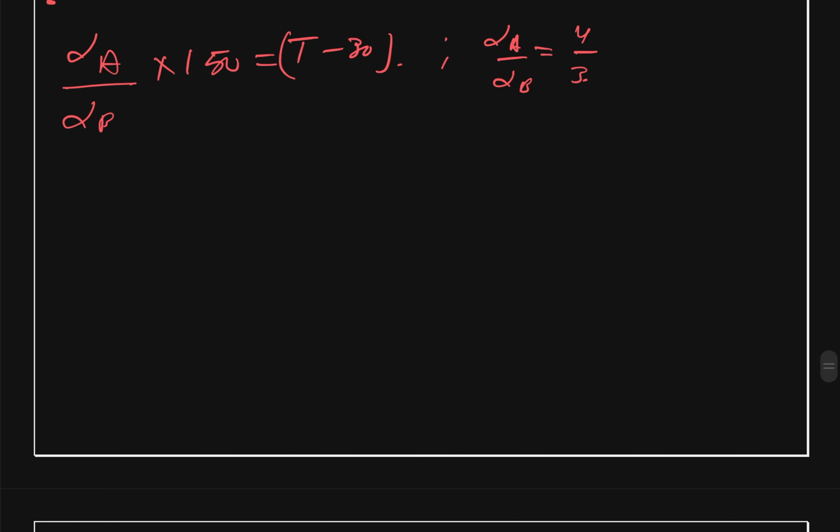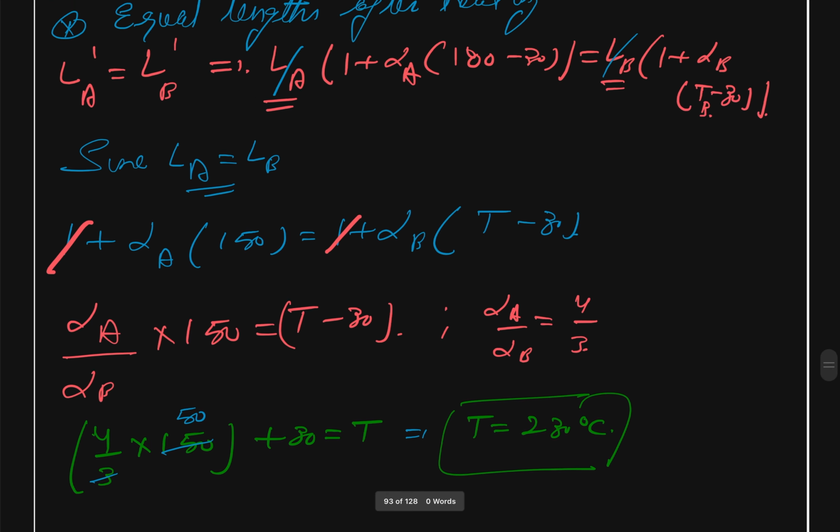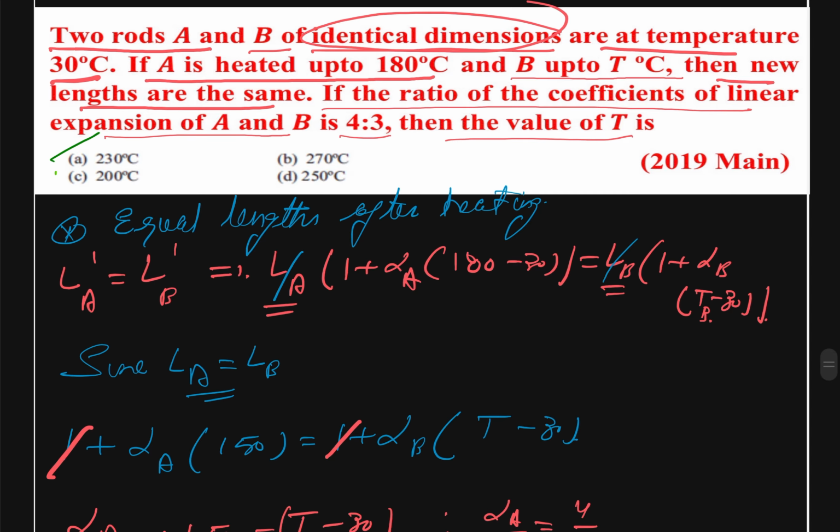Therefore, we get 4/3 times 150 plus 30 is equal to T, and this 150 goes by 50, and we get this as 200. So therefore we get T is equal to 230 degree centigrade. So option A is correct.